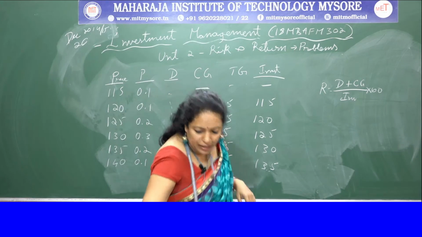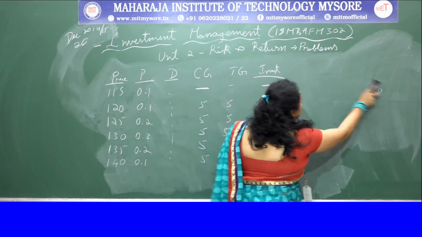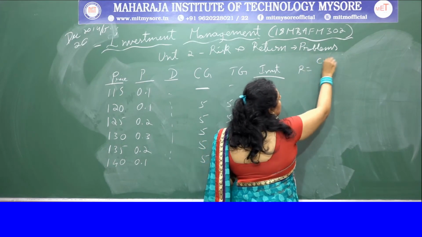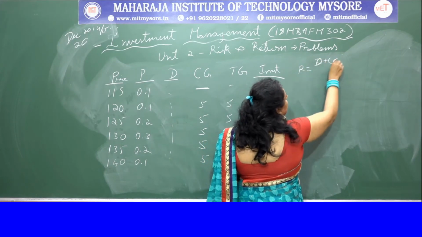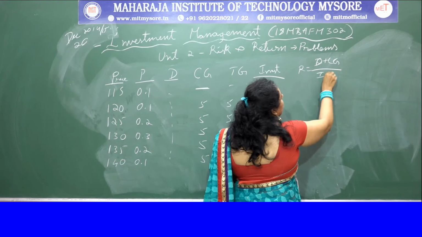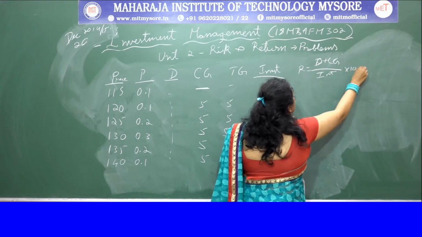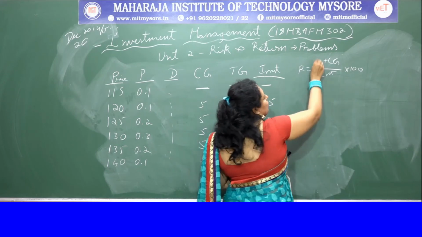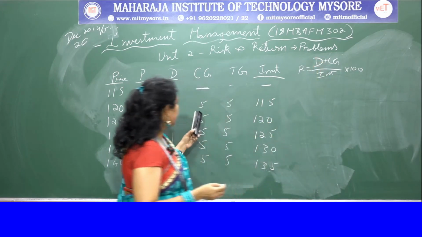Once we get the base price, we are going to apply this formula where we calculate the return: dividend plus capital gain divided by investment into 100. So all the information is ready with us.